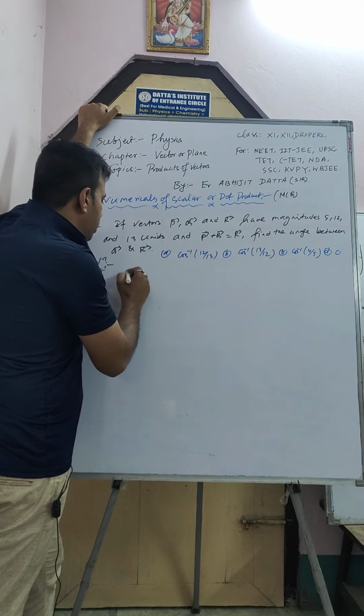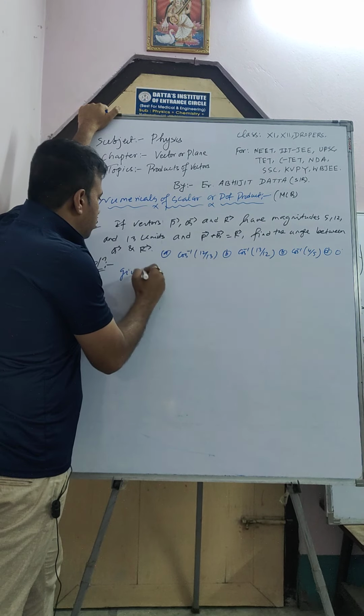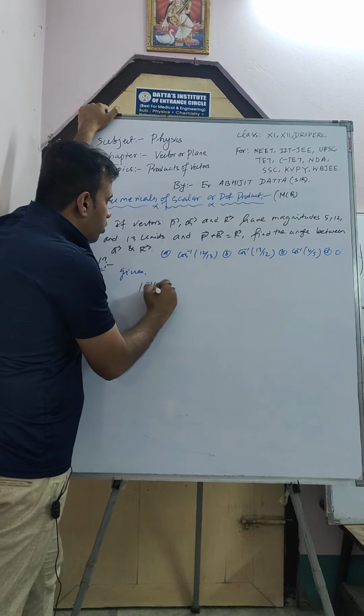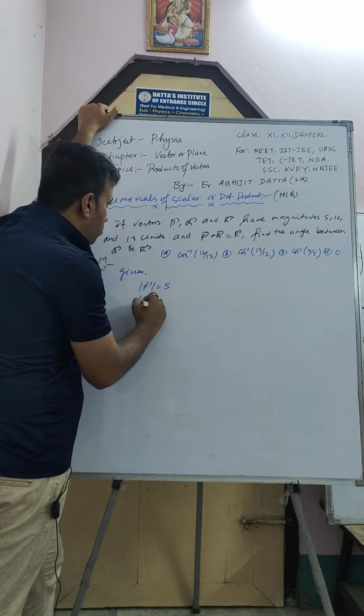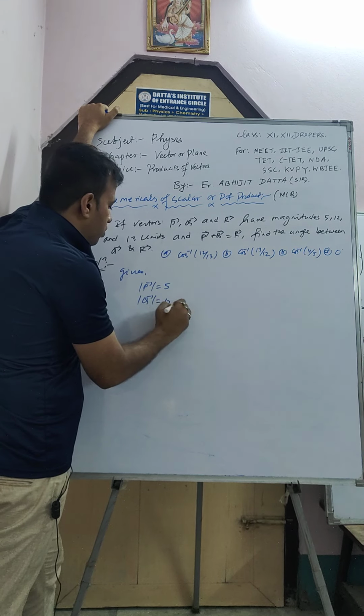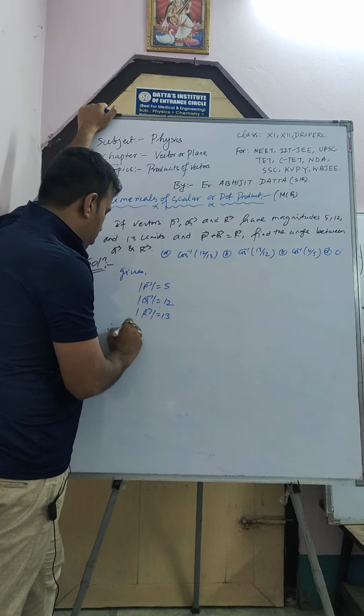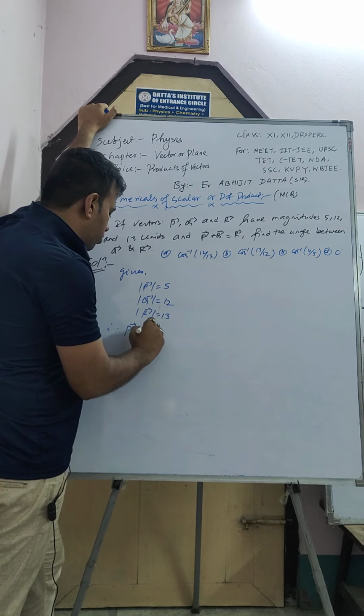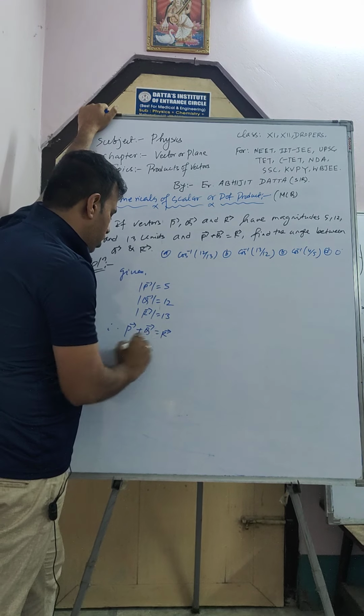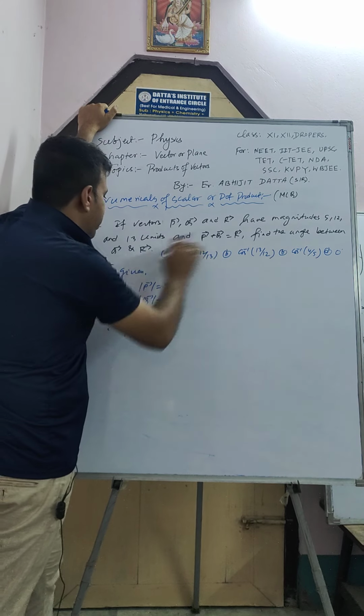So what is given here? Given, mod of p equal to 5, mod of q equal to 12 and mod of r equal to 13. Okay, so one condition is given, p plus q equal to r vector. What we have to find out is the angle between q and r.